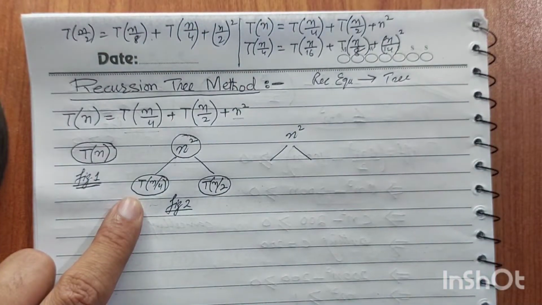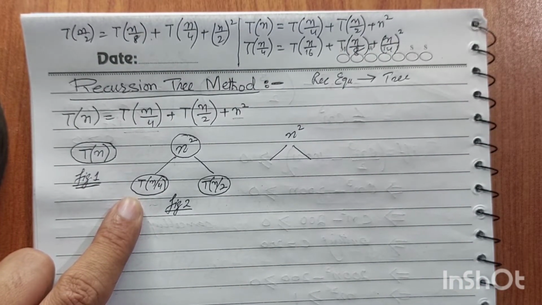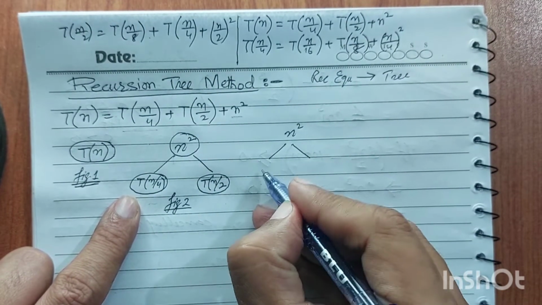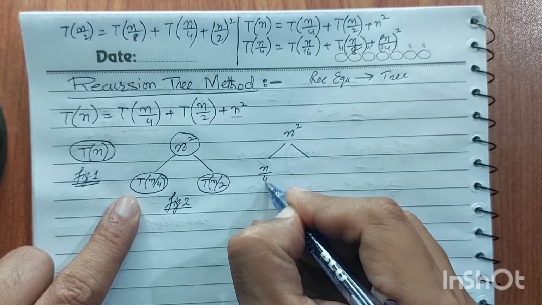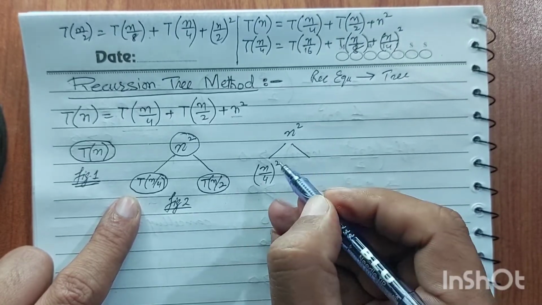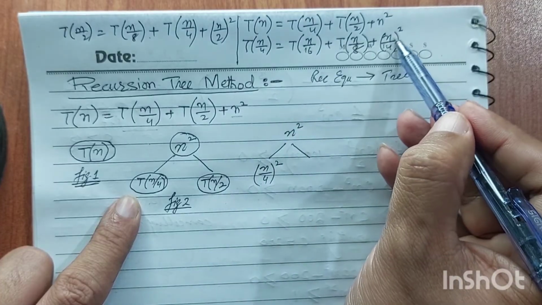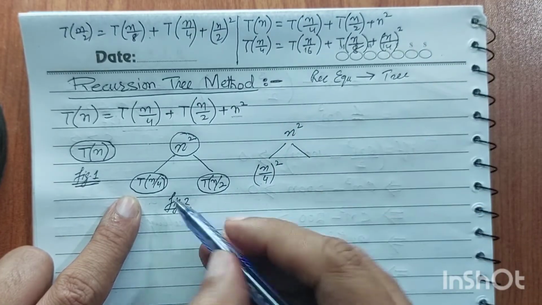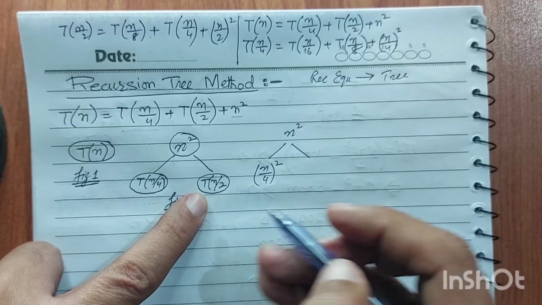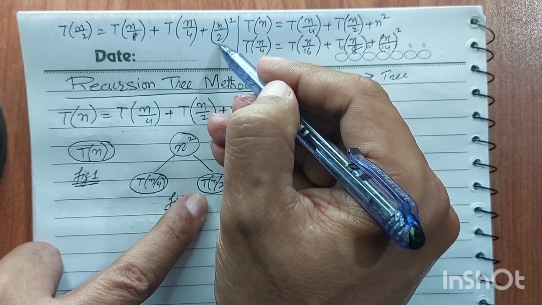We just replace it here. So we will get n by 4 whole square here as the cost, and in replacement of this one we will be getting n by 2 whole square.